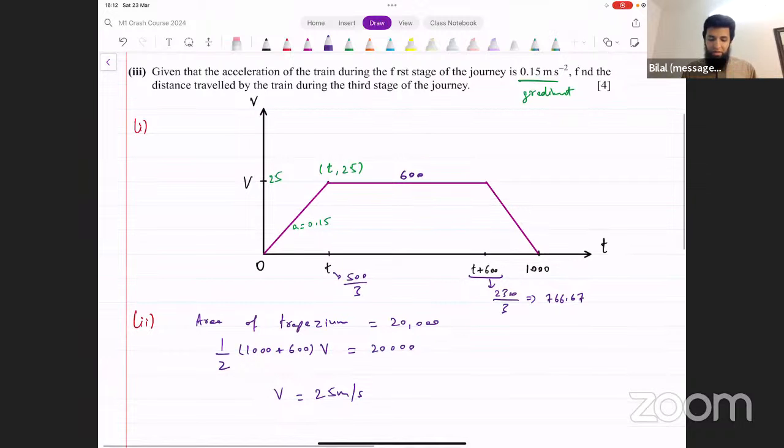We want to find the distance traveled by the train during the third stage of the journey. What's the third stage of the journey? This is the third stage of the journey. We just need to find this area, right? Now we can find this area. It's a triangle. How do you find area of this triangle? You know the height of the triangle, that's 25. You know the base now as well. What's the base? 1000 minus 766.67.